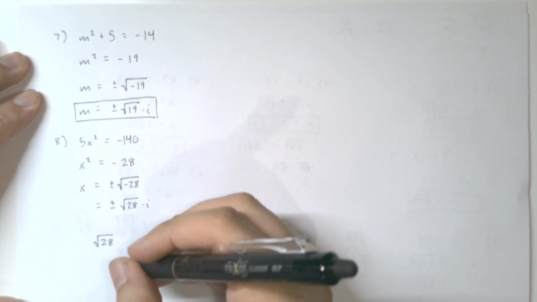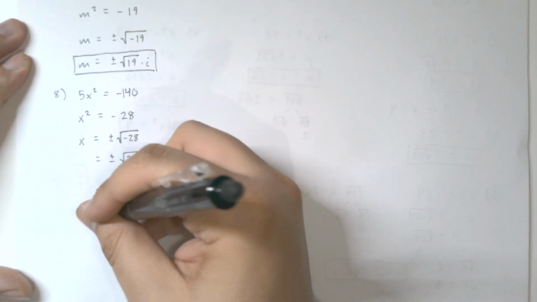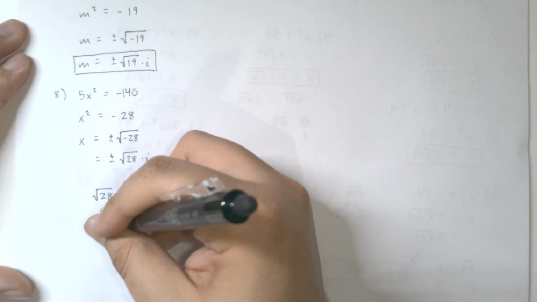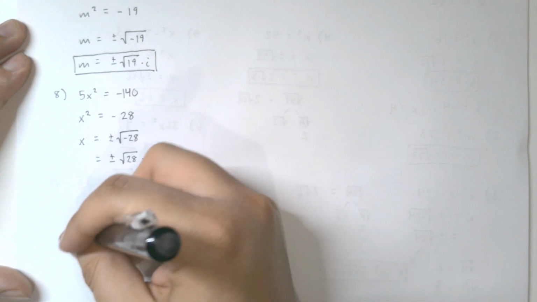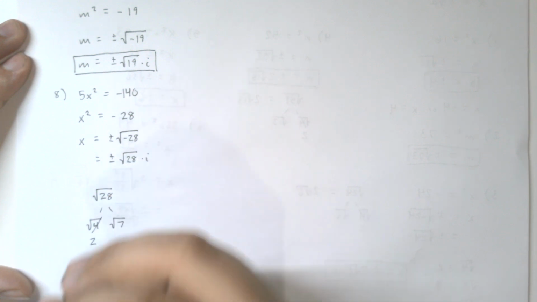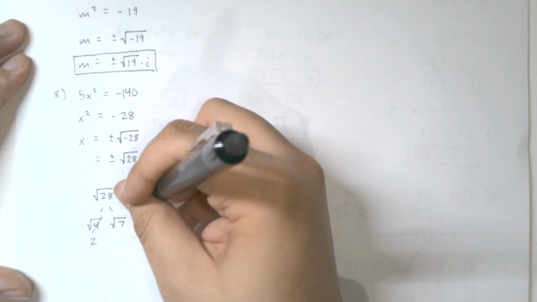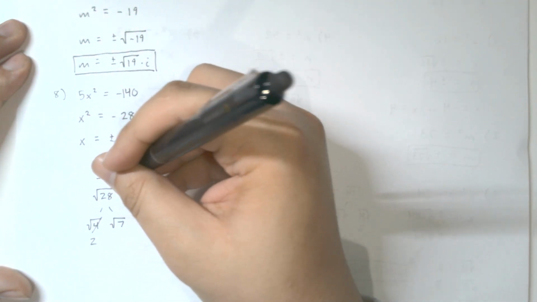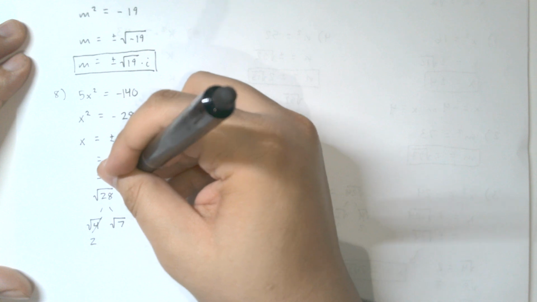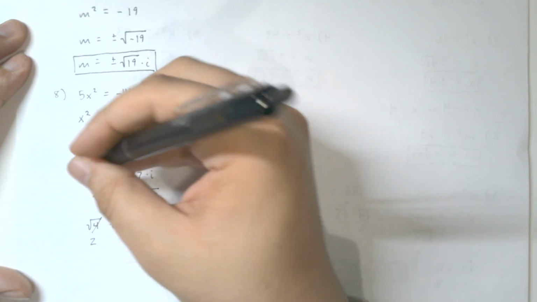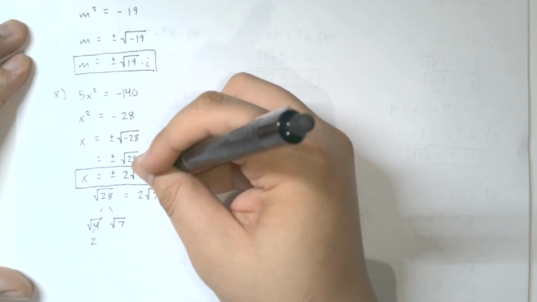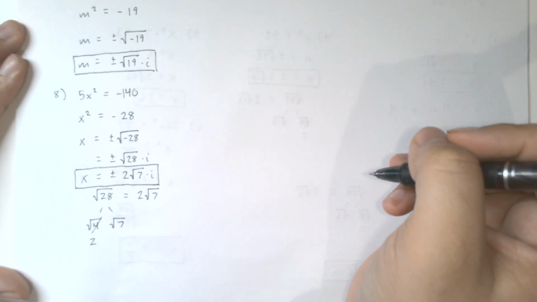So we have 28 can be broken up into 4 times 7. Square root of 4 is 2. So we have 2 square root of 7, which means that we can replace this over here as plus or minus 2 square root of 7 times i. And so that is our final answer for number 8.